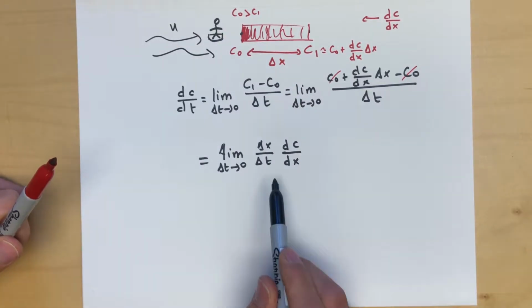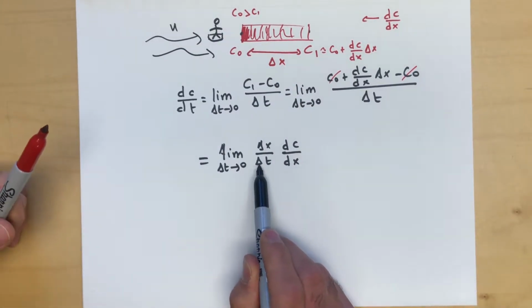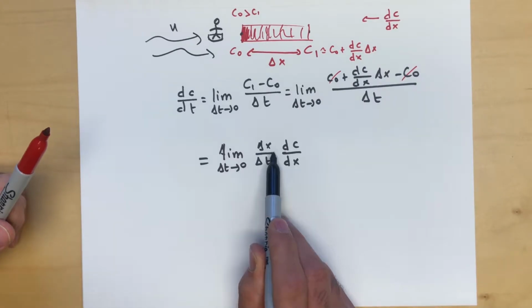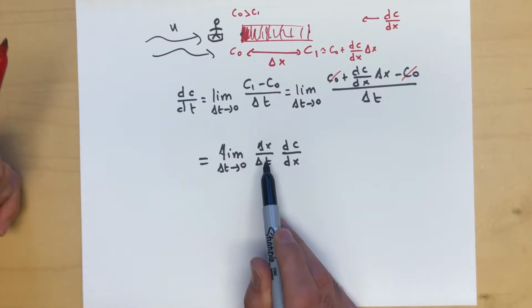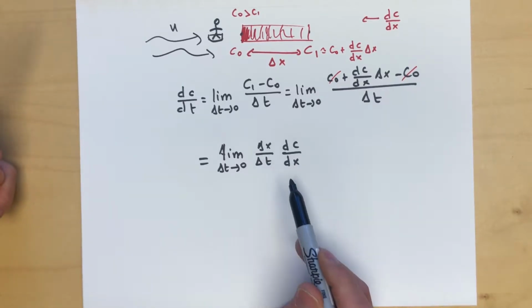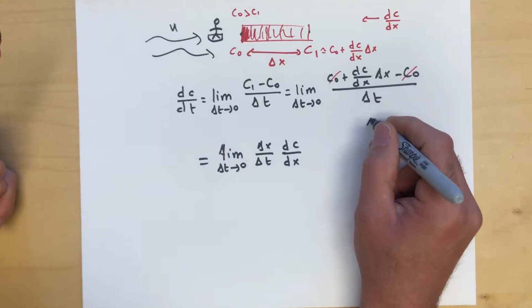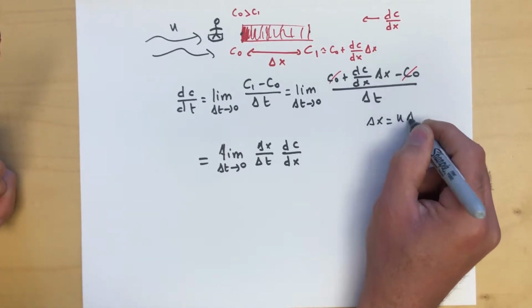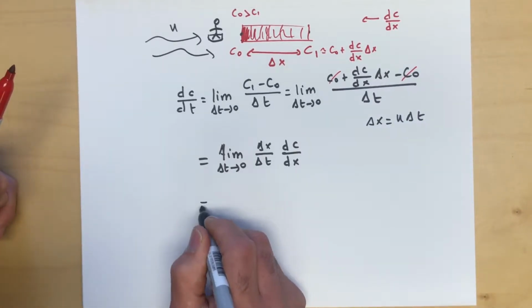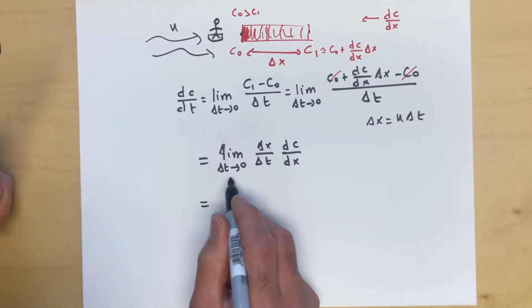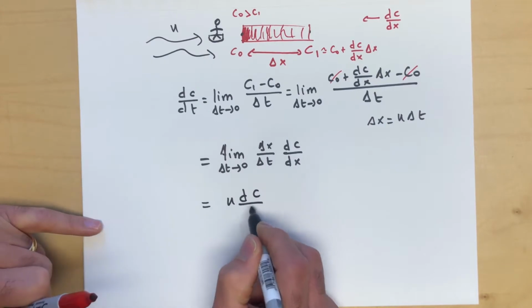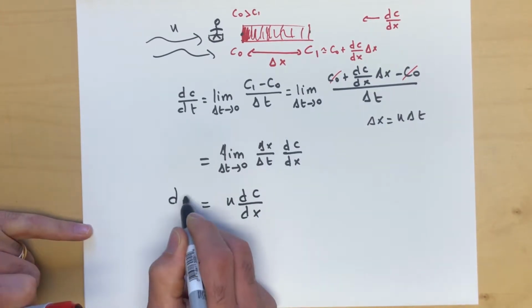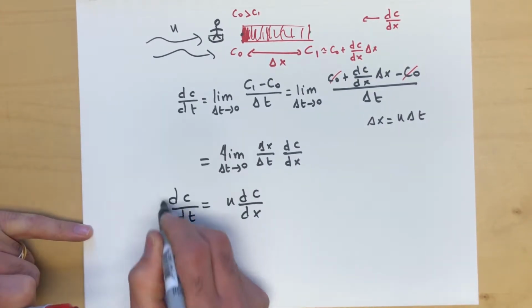Okay, so in a time interval delta t, they're going to travel a distance delta x, so that delta x over delta t is equal to the velocity, or in other words, the distance that they are traveling, delta x, is equal to u delta t. So that means that we just get rid of the limit. We don't need it anymore. This is equal to u dC by dx. That's equal to dC by dt.